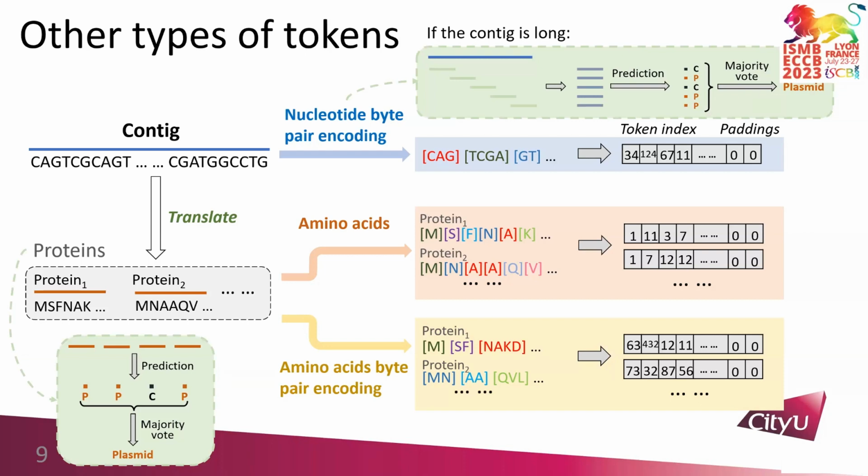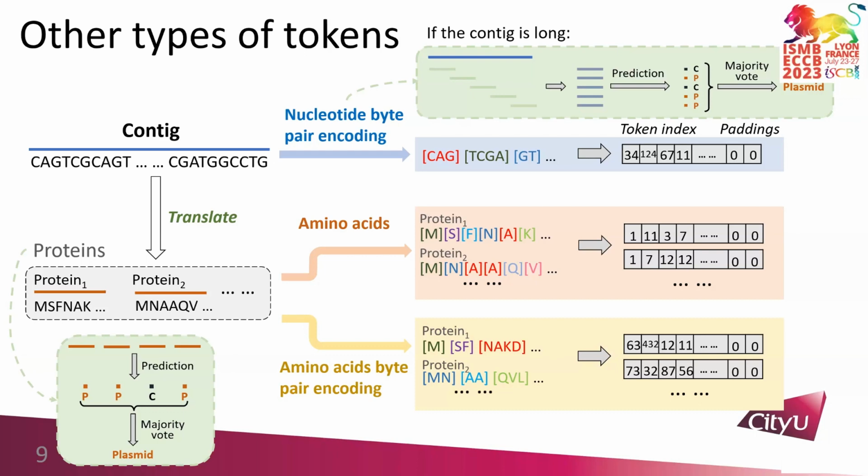But if we use this type of token, we still need to use the majority vote. For example, if we use the nucleotide byte pair encoding, because the contigs may be very long, we need to use a window to cut the original contig into several pieces and predict the origin of different pieces, and then use the majority vote to say if the original contig is from a plasmid or not.